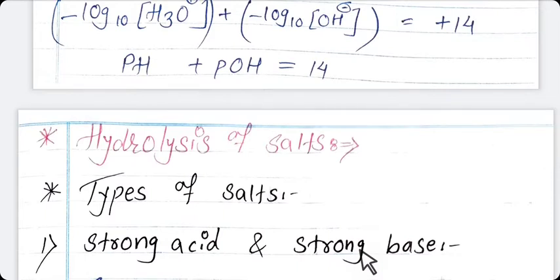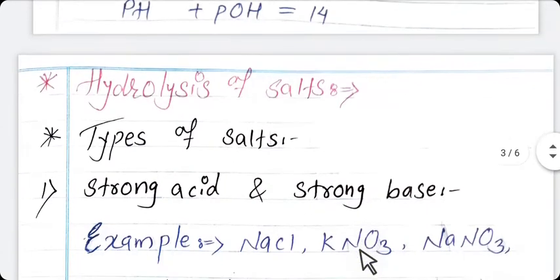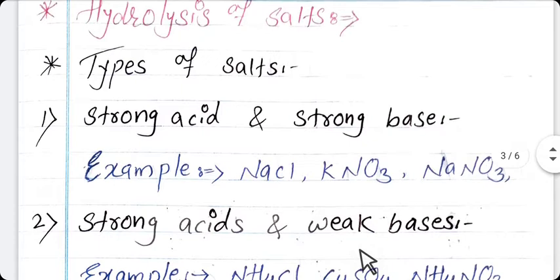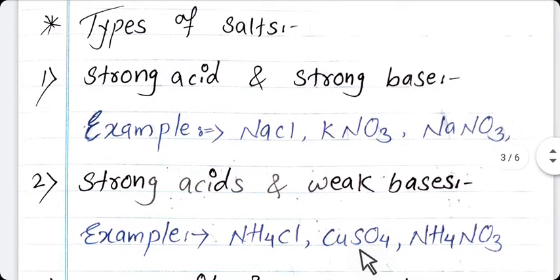The first type is the salt which is derived from strong acid and strong base, and the examples are NaCl, sodium chloride, potassium nitrate, sodium nitrate, etc. The second type is the salt which is derived from strong acid and weak base, and the examples are ammonium chloride, copper sulfate, ammonium nitrate, etc.